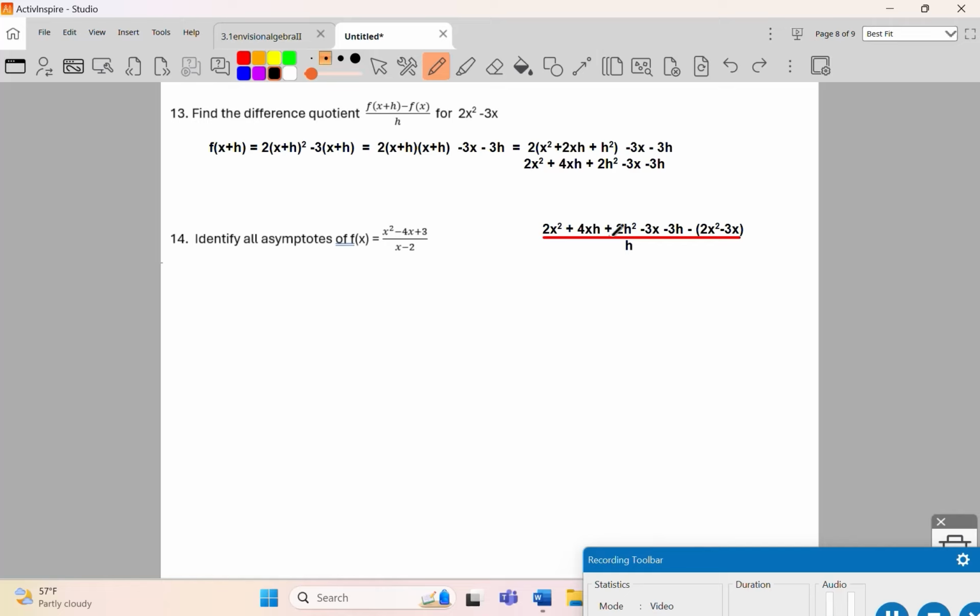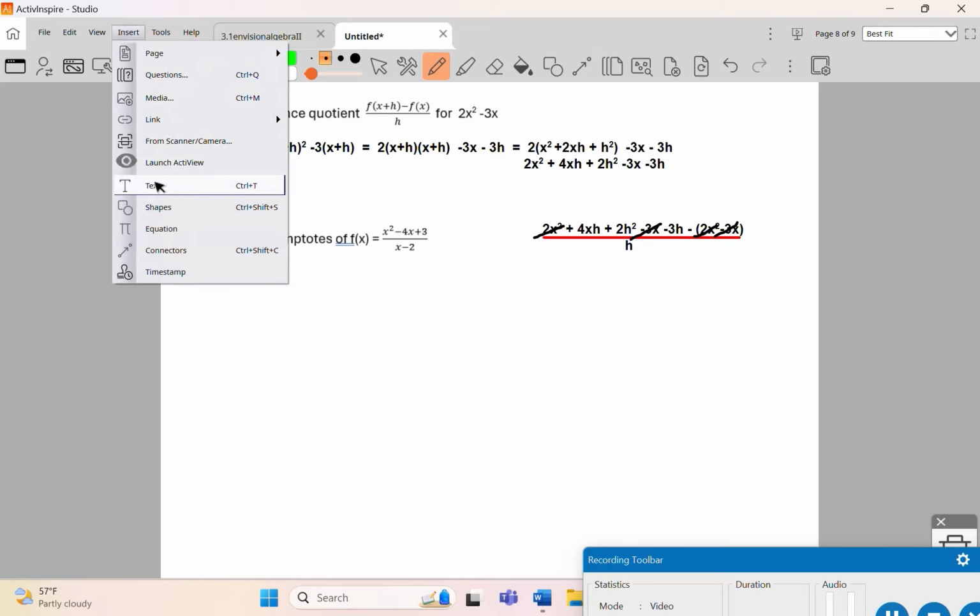Now, I have a 2x squared, take away a 2x squared. Gone, gone. I have a negative 3x, take away a negative 3x, which means plus, so gone, gone. This set of parentheses always cancels out, always.